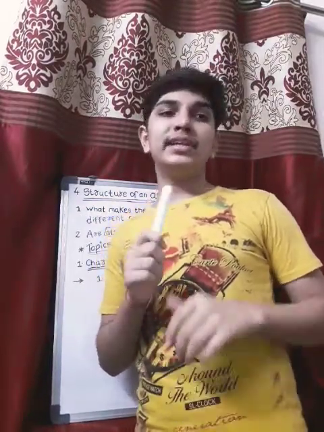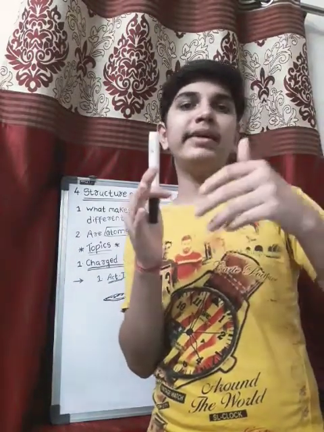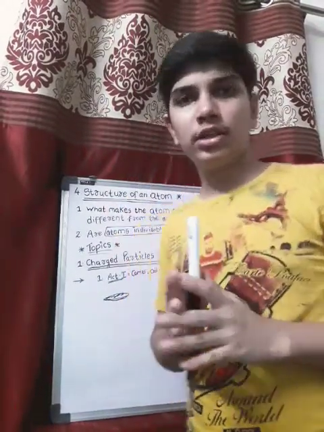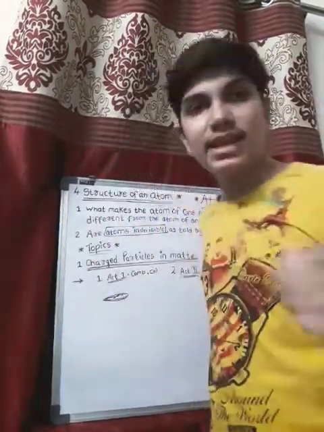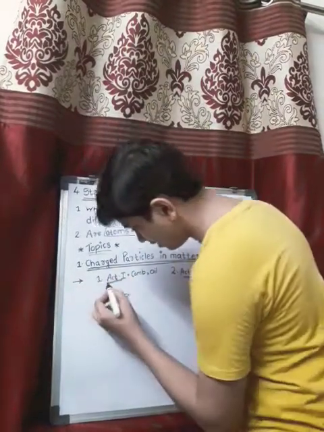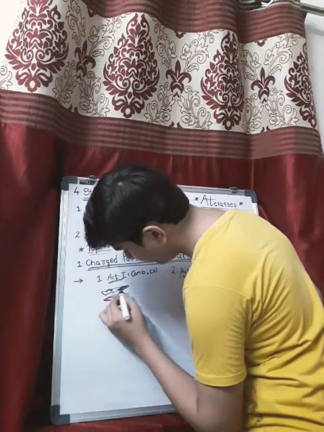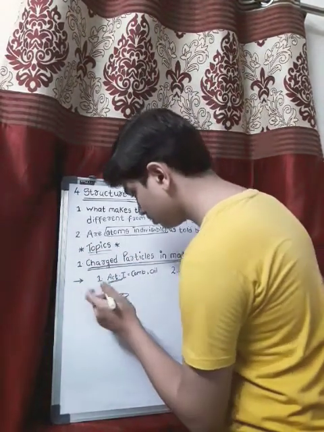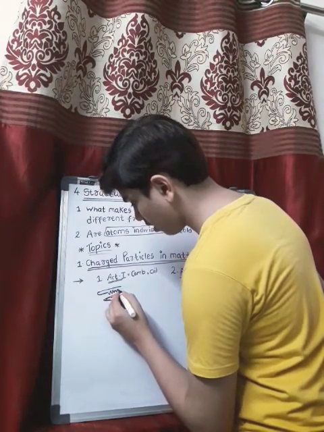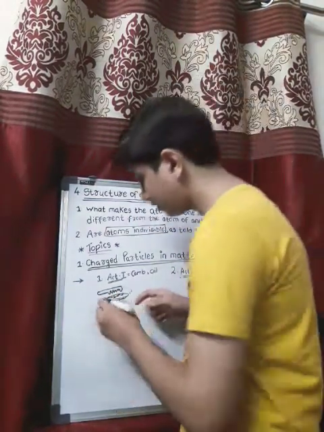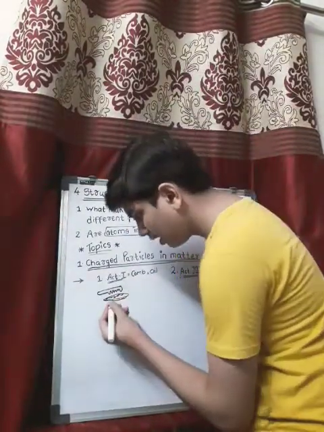After rubbing for some time, assume 1 minute, you rubbed your comb on your oily hair, place it just above the paper bits. Let this be the comb.